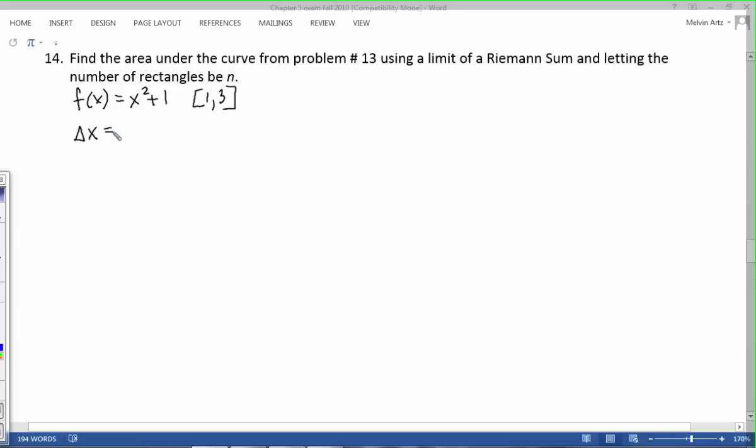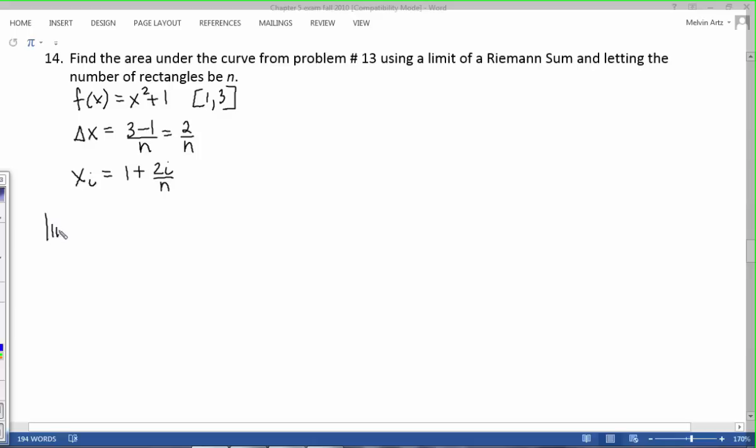So we need to find these three things. First of all, delta x. We know that is going to be b minus a all over n. So that's the width of each rectangle. X sub i is a plus delta x i. So this would be our x sub i.